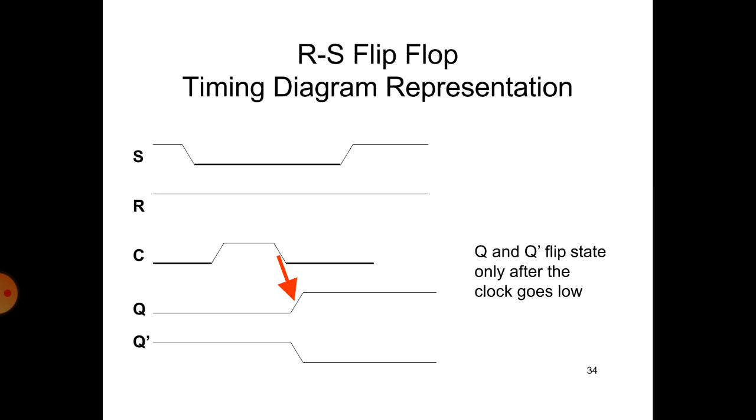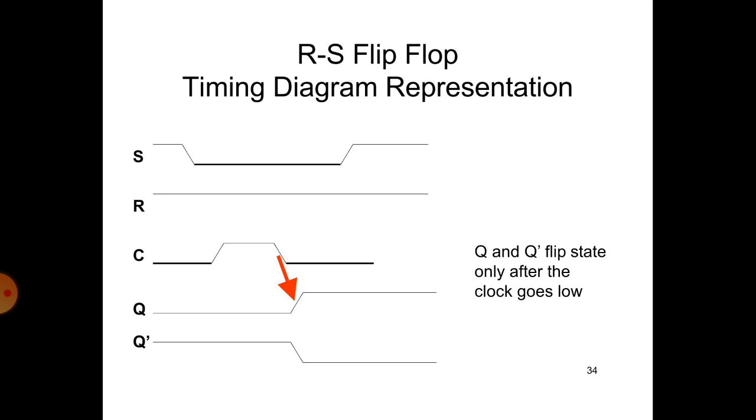So this slide shows the RS flip-flop timing diagram representation. So here Q and Q bar will be the flip state only after the clock goes low. S will be the input and R will be the input, clock will be the high pulse, and Q will be the flip state only after the clock goes low.